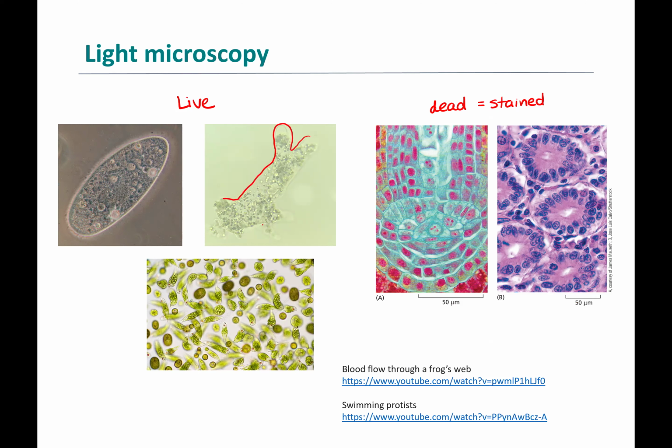You can see both prokaryotes and eukaryotes. And I'm going to show you a slide in just a second about some of the organelles you can see. But again, most cells are see-through unless they have chloroplasts. And this is really the only natural color you can see with a light microscope. And in case you're wondering, these are my favorite little guys.